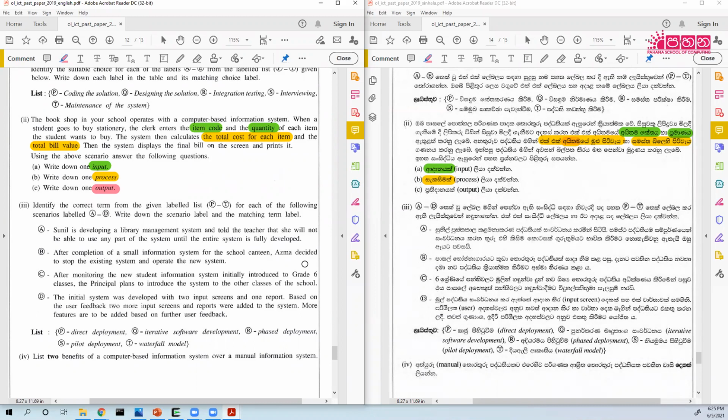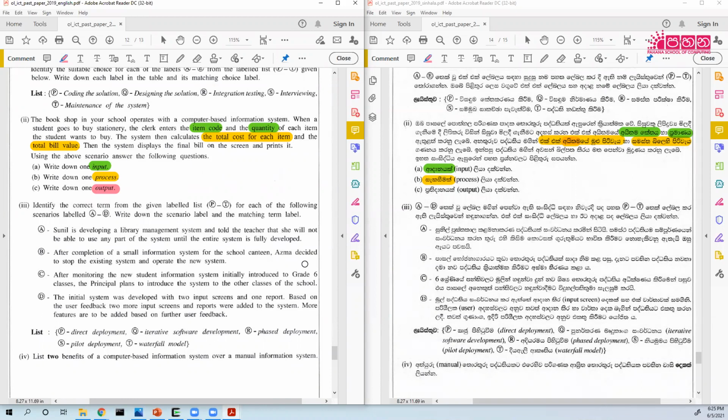For the previous answers, actually it should be calculate the total cost. Calculate the total cost for each item. That is the first answer. Calculate the total bill value. It's the second answer. Calculating the total cost of each item and calculating the total cost of the bill. They are the processes. This is how we should write them.